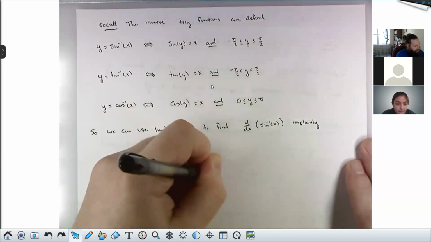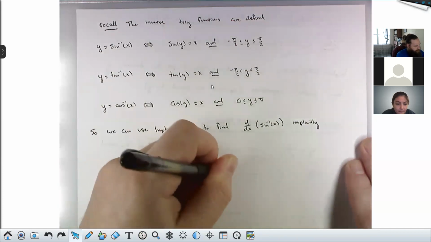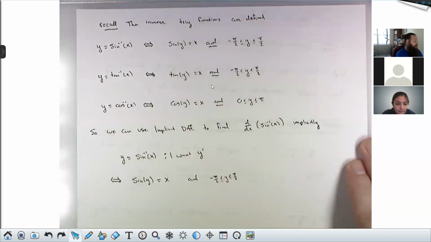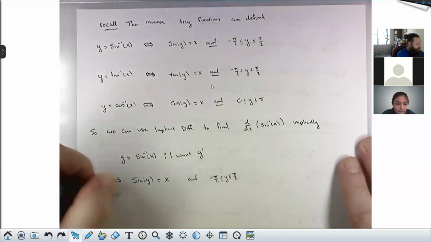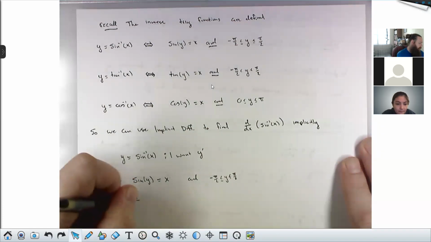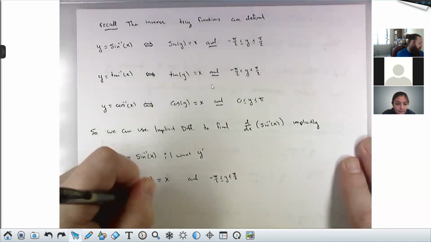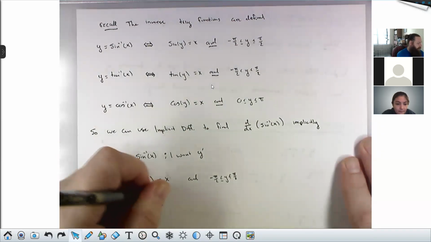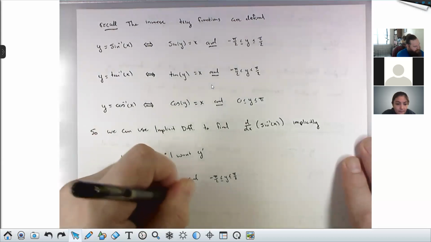And of course, y is between negative pi over 2 and pi over 2. So what I'm going to do is apply the operator d/dx to both sides here. d/dx of sine y is equal to d/dx of x.